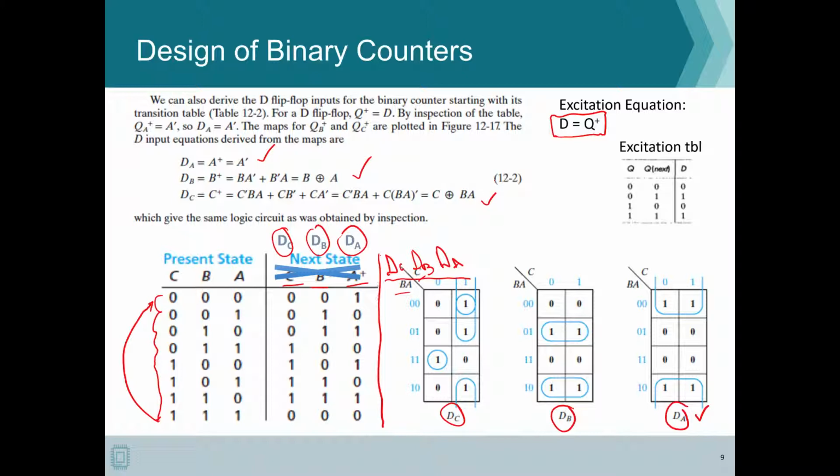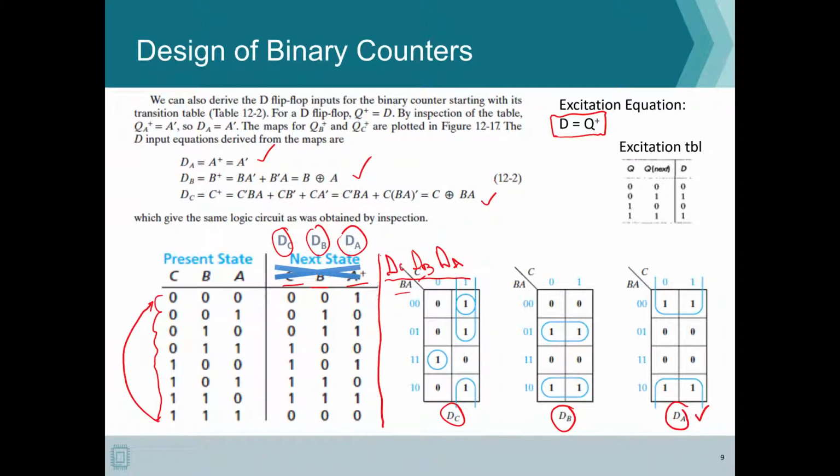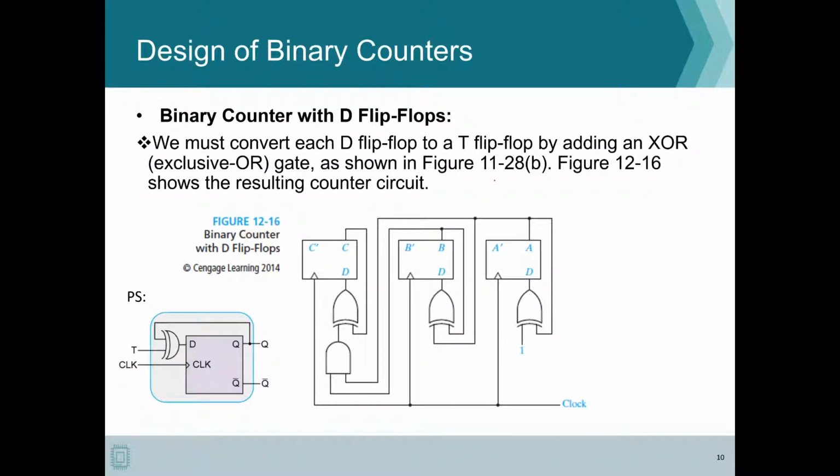Once you have these expressions, we would like to implement it. Here you can see there's a bunch of XORs, so we are using a bunch of XORs to do it. The other way to do it is also, since we already saw the implementation for a T flip-flop, here it tells you how a T flip-flop can be derived from a D flip-flop.